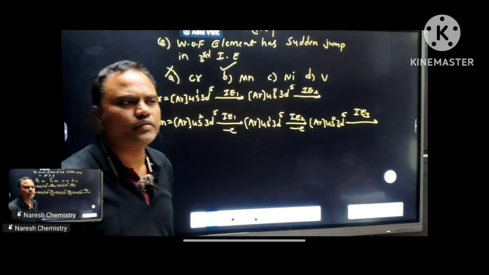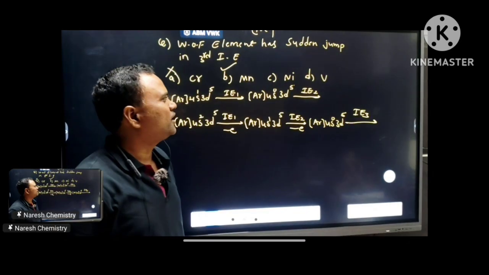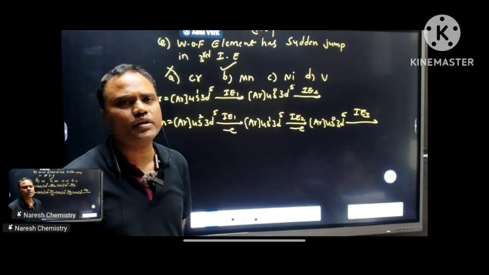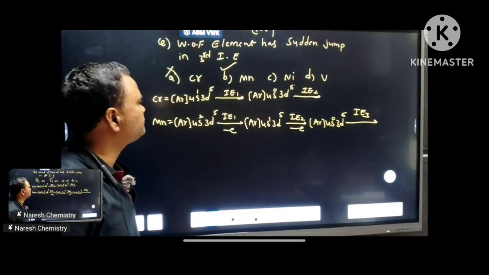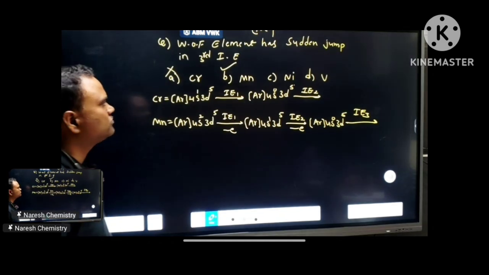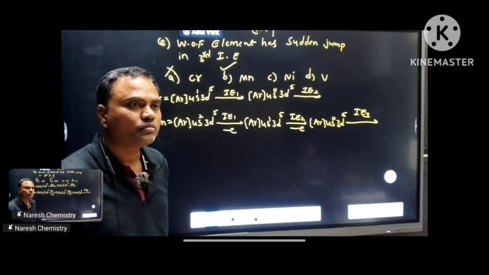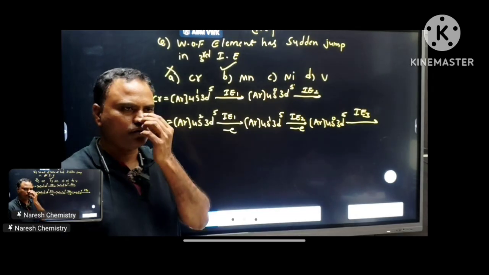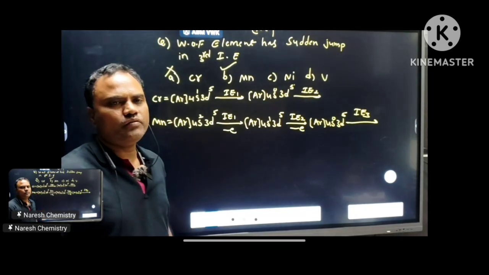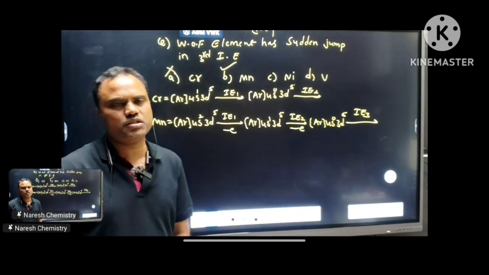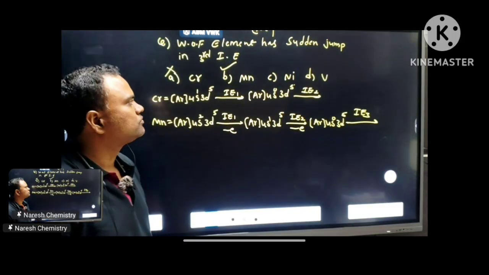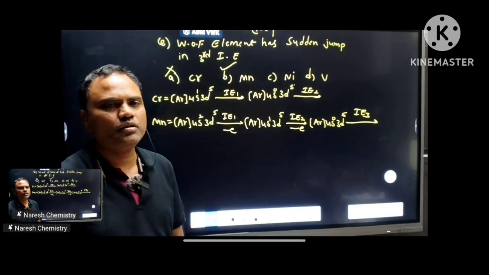Can you say for vanadium? For nickel it is okay, leave it. Can you try for vanadium? All of you try for vanadium. You tell me: in which ionization energy will the sudden jump take place for vanadium?